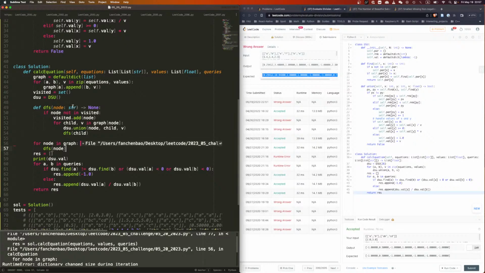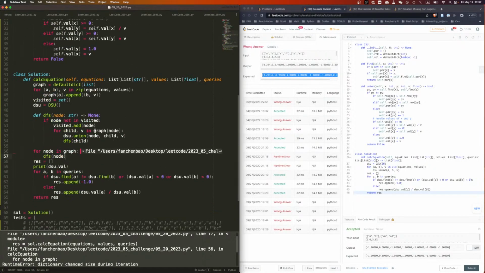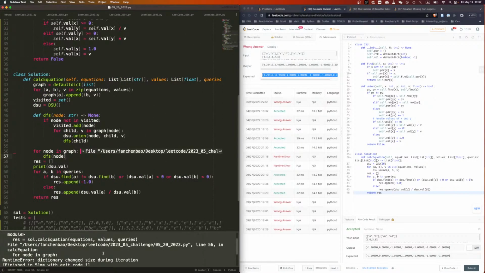DFS node. Where did we change size? What are you talking about? Dictionary changes. I didn't delete. I didn't do anything. That is weird.